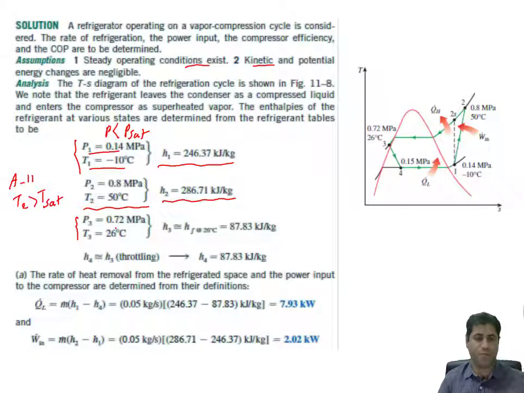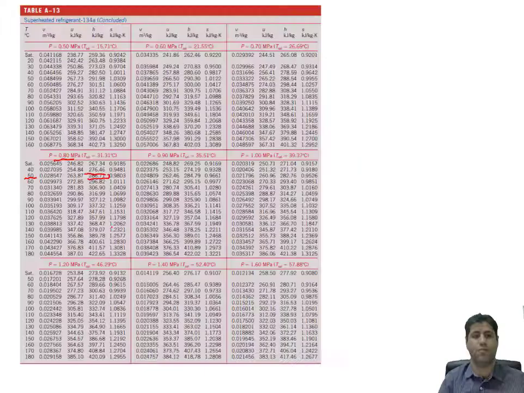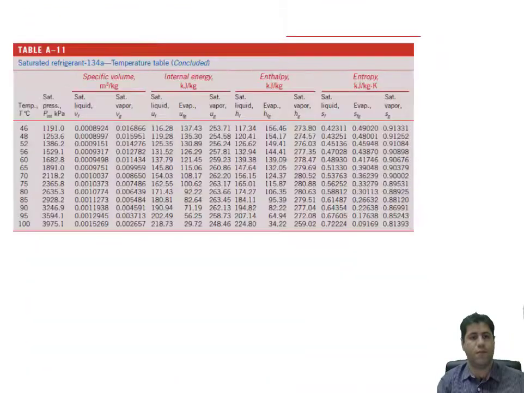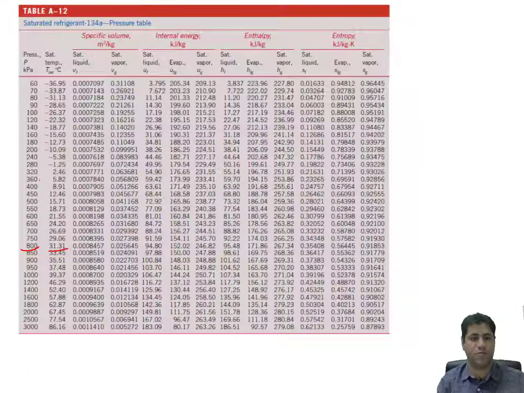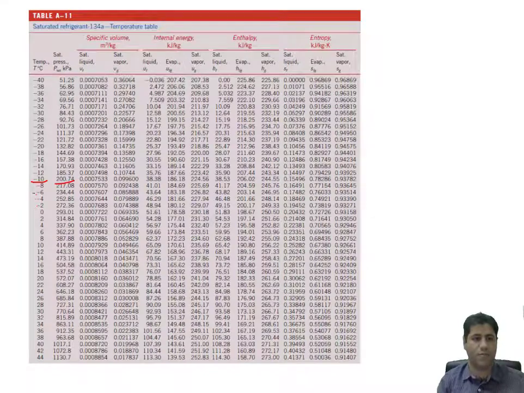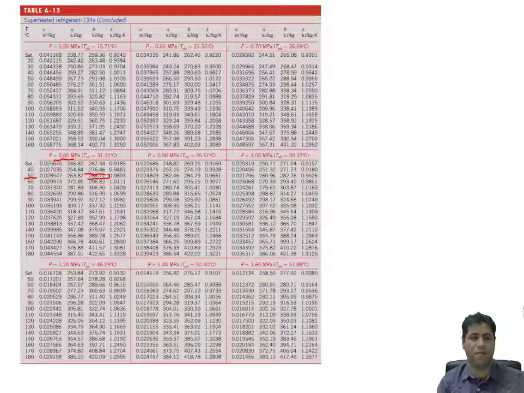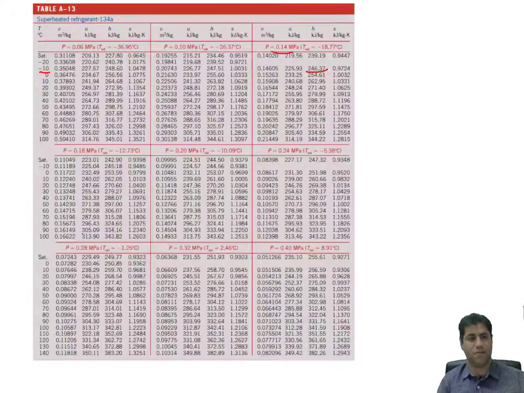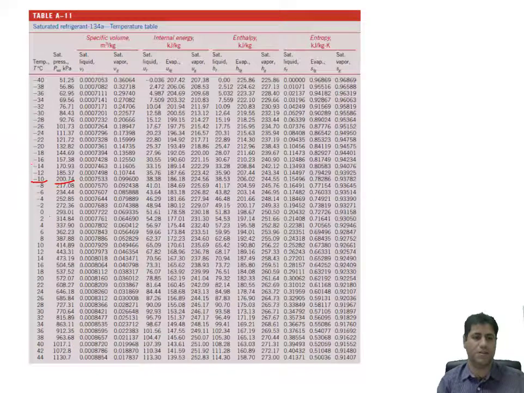P3 here is 0.72 megapascal, or 720 kilopascal. How about the temperature? The temperature which we have here is 26 degrees Celsius. Let's see if we have 26 degrees Celsius here.